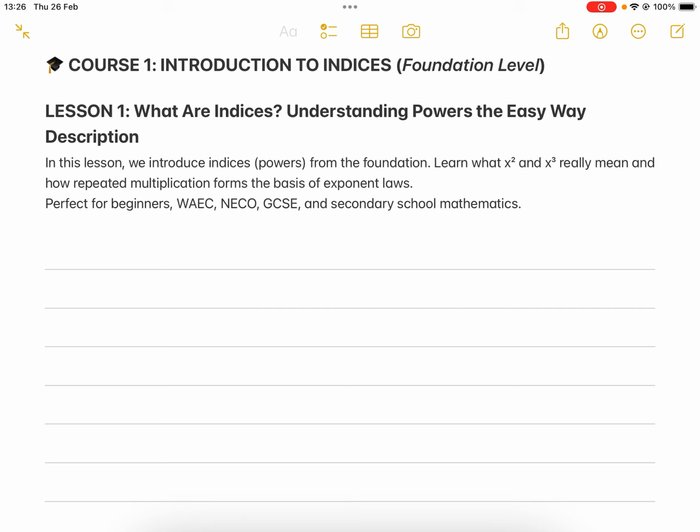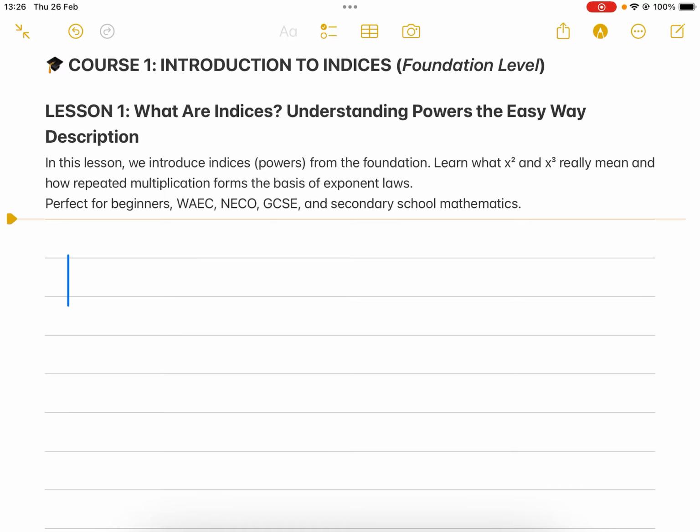If you understand this lesson properly, every other rule will become easy. What are indices?